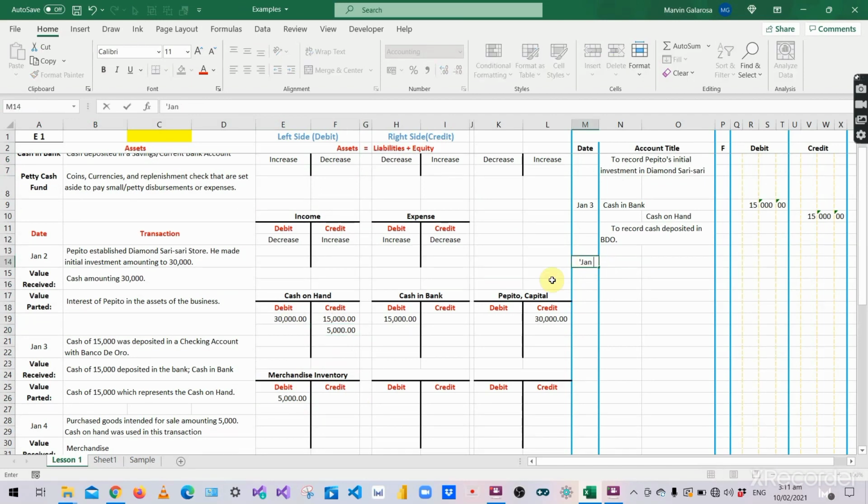January 4. Debit, merchandise inventory, ₱5,000. Credit naman yung cash on hand, ₱5,000.